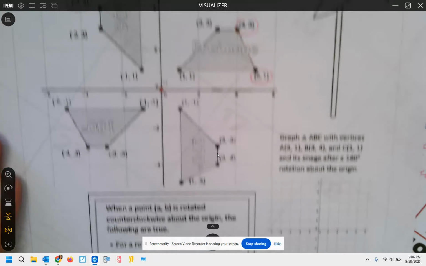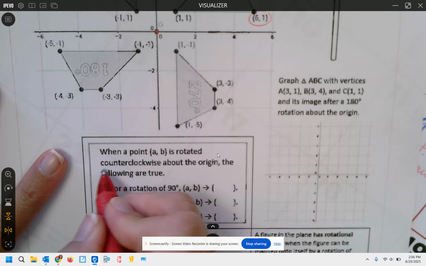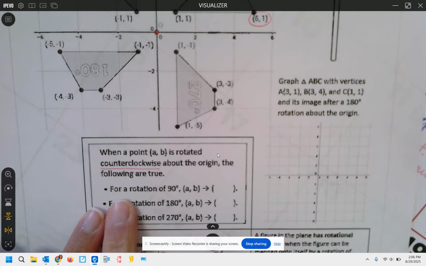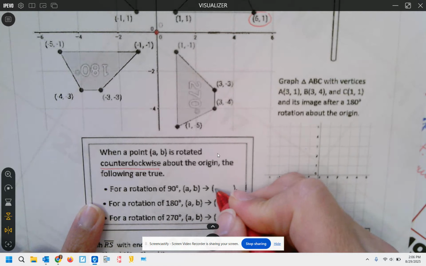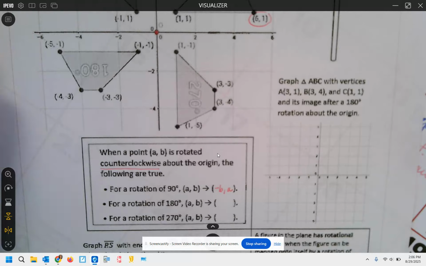So if we look to the box down here, when a point (A, B) is rotated counterclockwise about the origin, the following is true. For a rotation of 90 degrees counterclockwise, the original point (A, B) becomes (-B, A). And anytime we say -B, we mean the opposite. So if it already started negative, it would actually become positive.